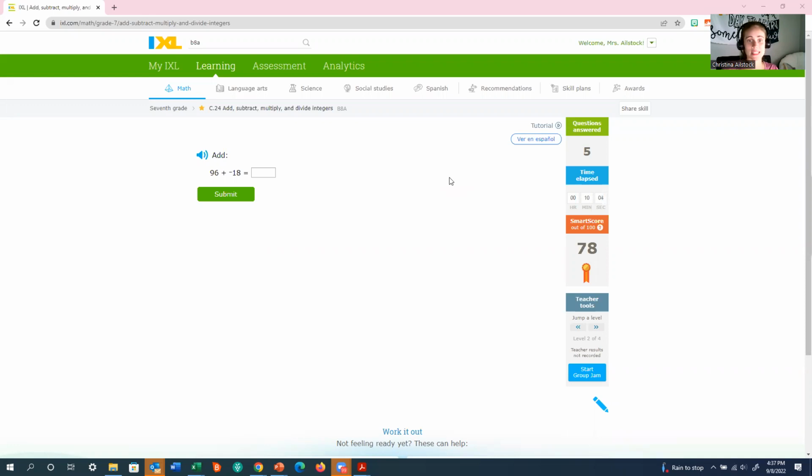If your numbers have different signs, which is what we have here, a +96, a -18, then you subtract them and you take the sign of the larger absolute value. So I'm going to start off and just subtract them, and then I'll figure out at the end whether my answer should be positive or negative.